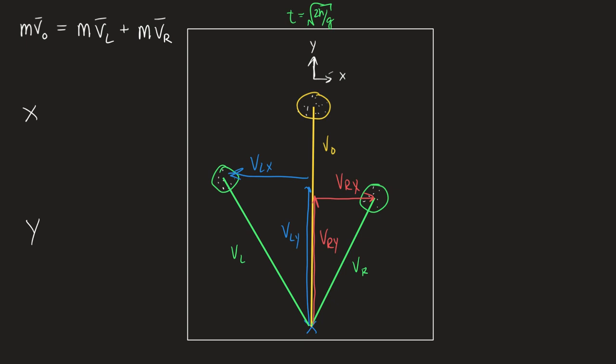This allows you to say, all right, in the x direction there was zero momentum, and afterwards there was mVLX plus mVRX. In the y direction, there should be mV0 equals mVLY plus mVRY.